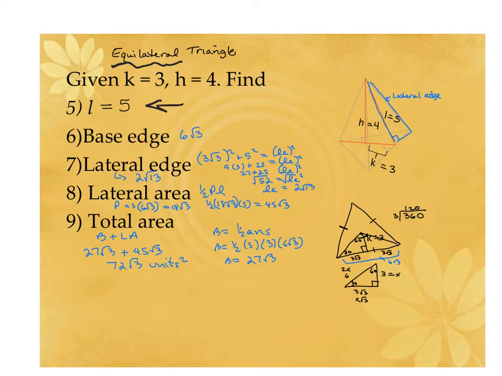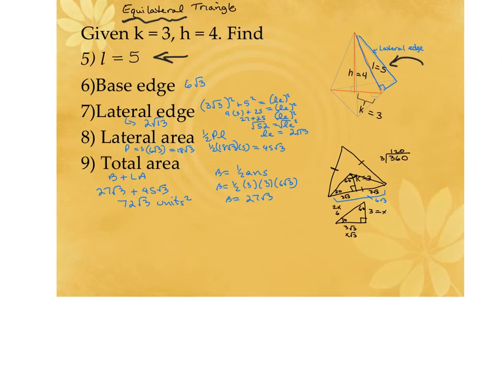If you were to draw and make this into a triangle, you could do 3 squared plus 4 squared equals c squared, or notice that the lateral height here is 5. Now, for my base edge, let me redraw this. If I were to take out the bottom triangle, that's what I'll draw over here.